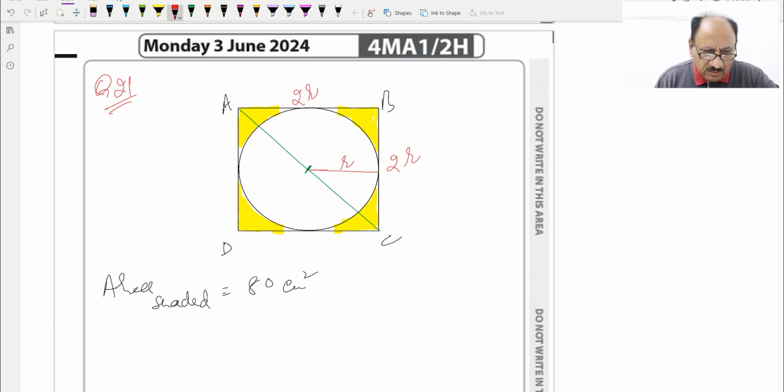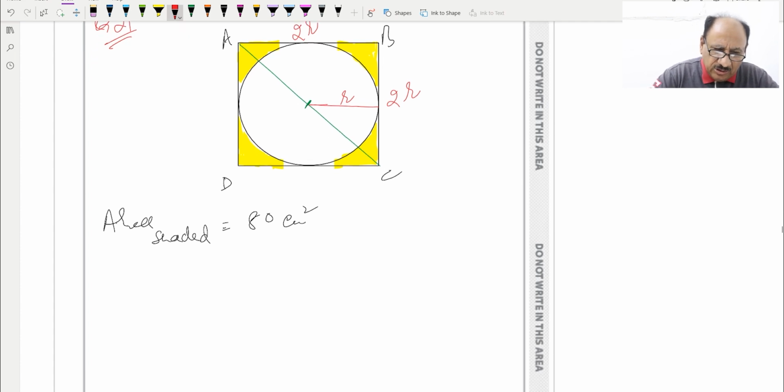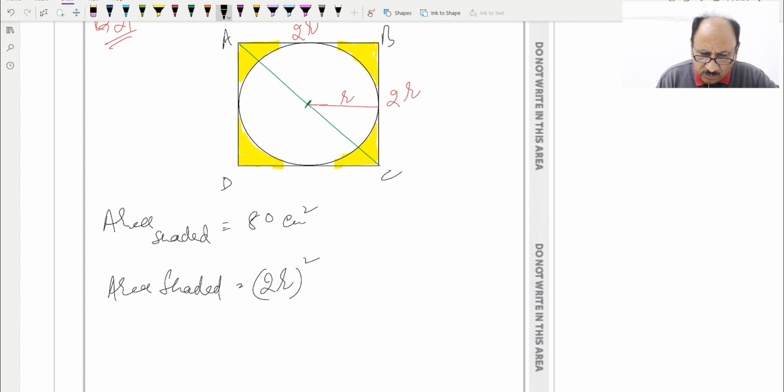So we can write the area shaded will be what? Area of the square, which is 2r into 2r, which is 4r square, minus the area of the circle, which is pi r square, and it is given equal to 80.